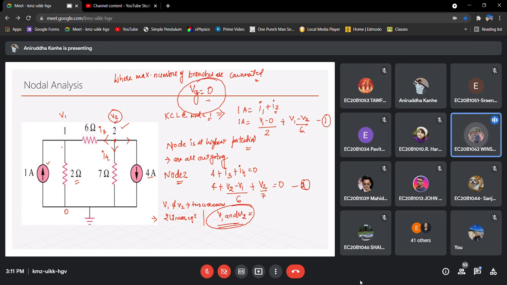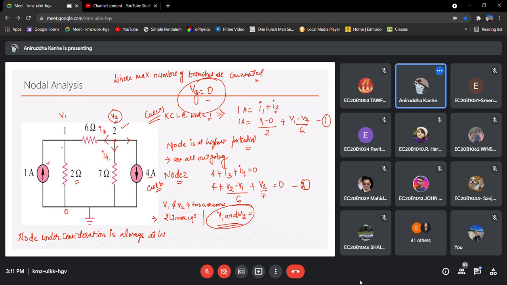So node 1 is at lower potential, sir. For which case? First node, sir. No, that is at the higher potential. That's what I am saying, right? Node under consideration is always at the highest potential.